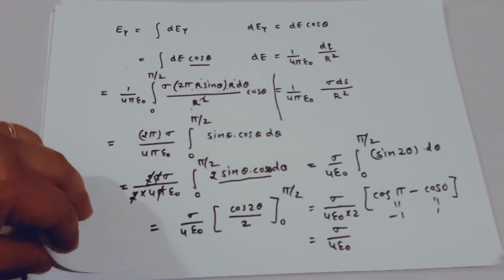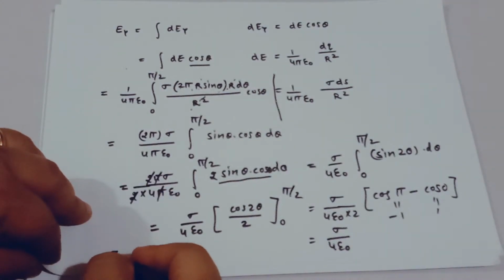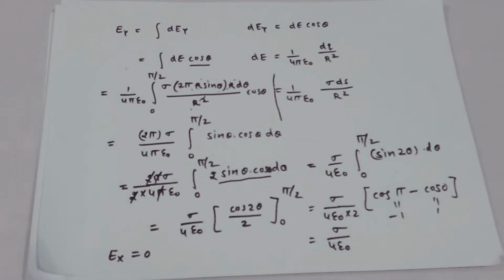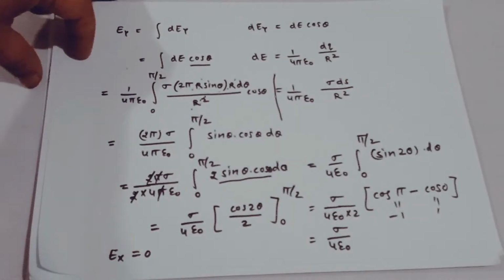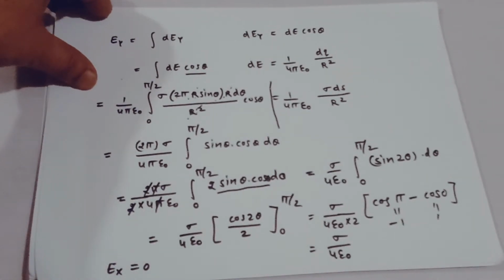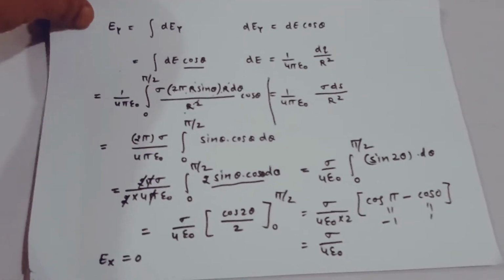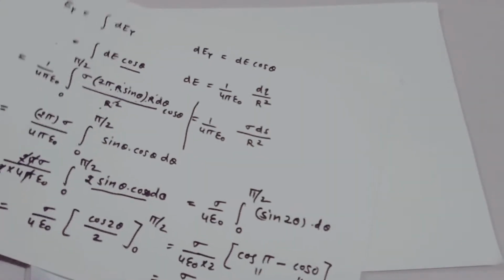Of course, when you calculate the electric field along the x-axis, that would be 0. It is very easy to calculate and to prove. Now our next task is to find not the electric field but the electric potential because of this.